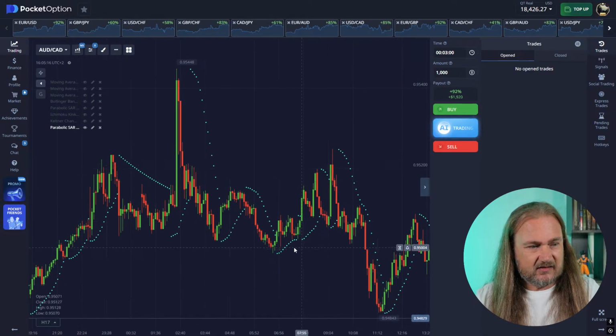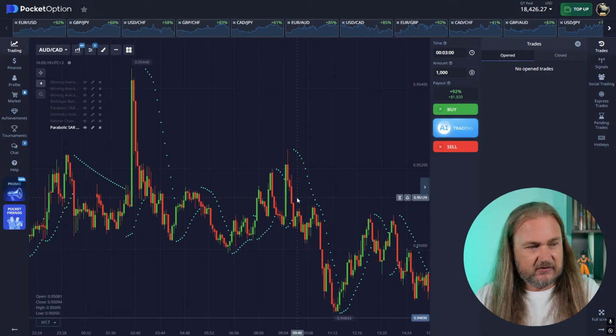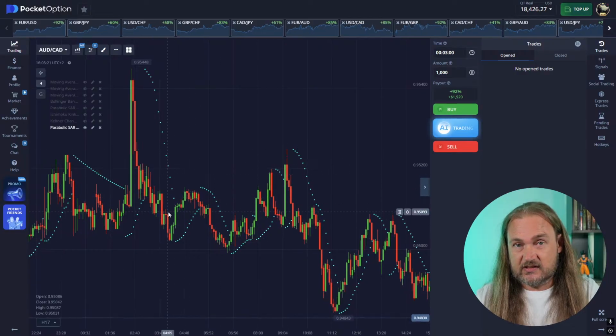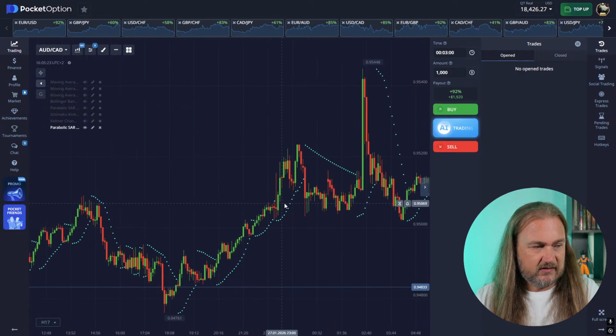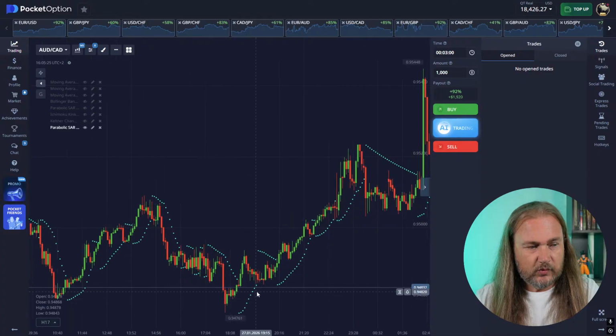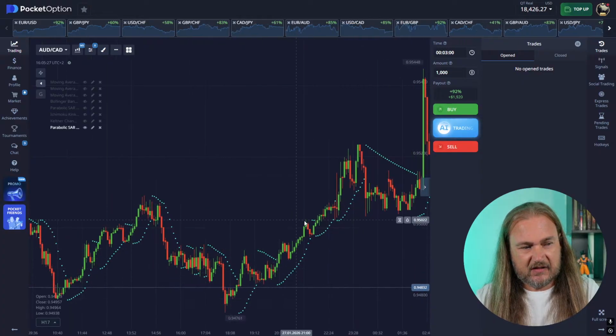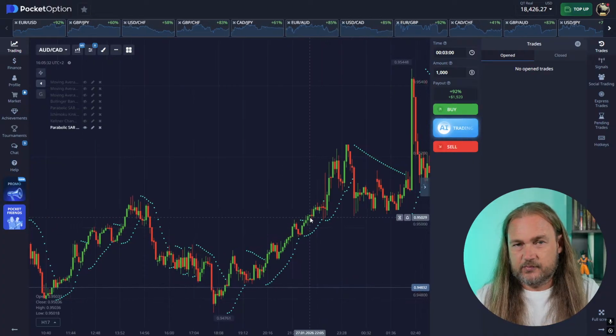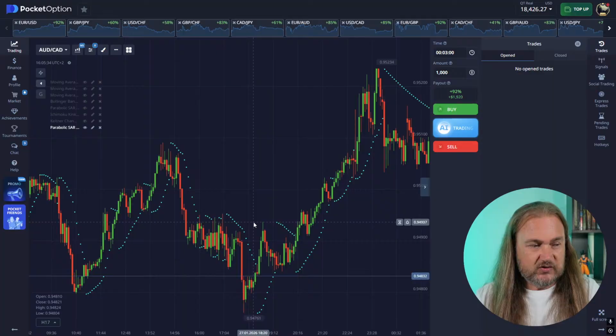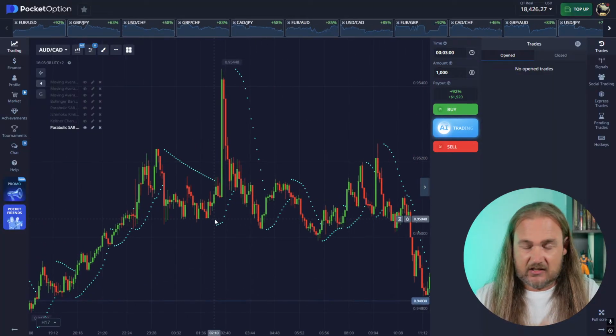The price is stuck in this area here. It's just moving up and down. So we're definitely not going to look for entries when we see price behavior like this. But we can see that quite often the parabolic will be broken, only to be broken again in 2 or 3 candles. So using the parabolic by itself is chaotic.